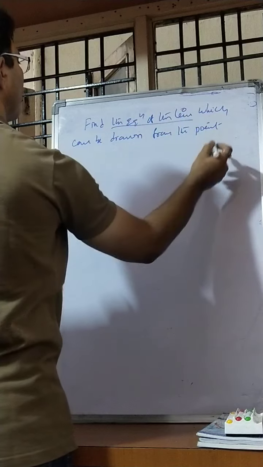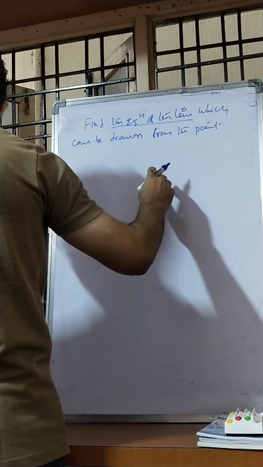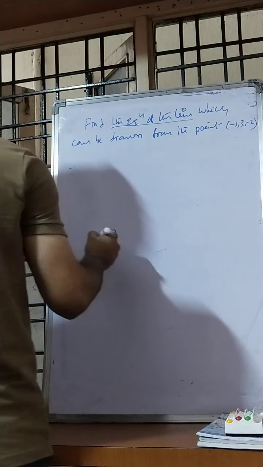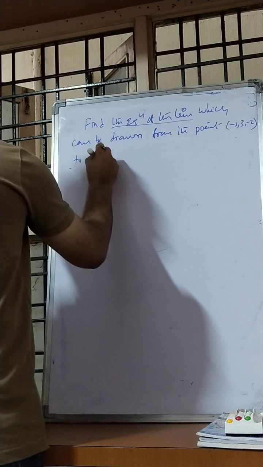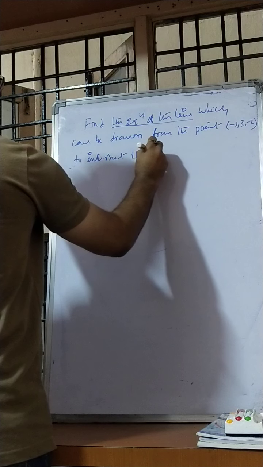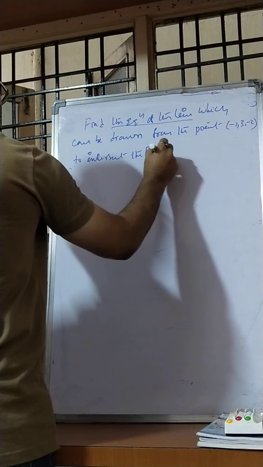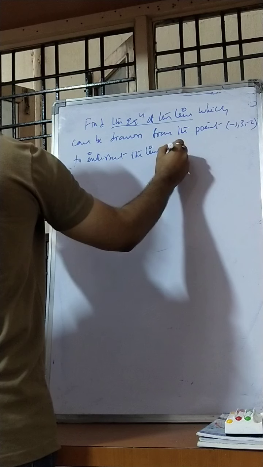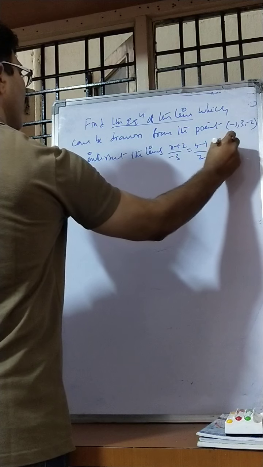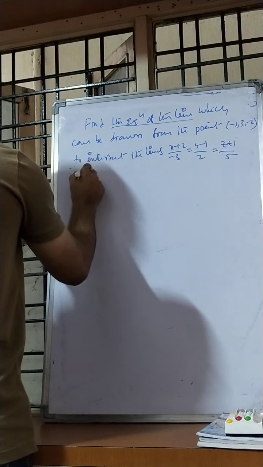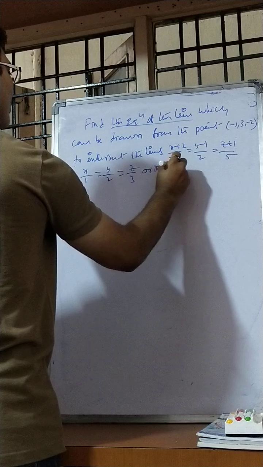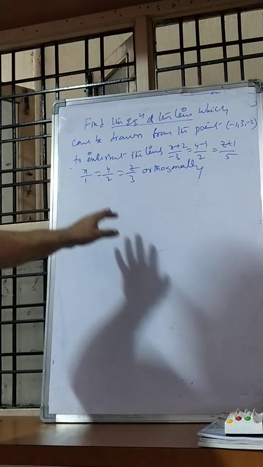Find the equation of the line which can be drawn from the point minus 1, 3, minus 2, to intersect the lines (x plus 2)/minus 3, (y minus 1)/2, (z plus 1)/5, another one x/1, y/2, z/3, orthogonally. Okay, he said that orthogonally.